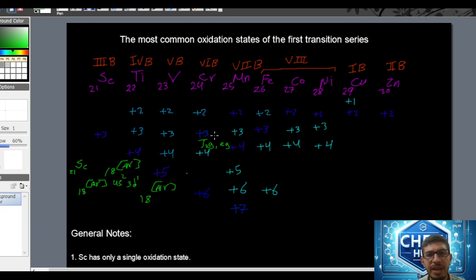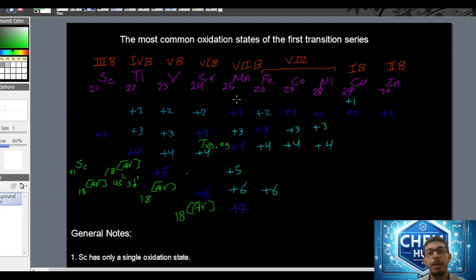And if you want me to make a video about it, please let me know in the comments. Okay, and we move into the 6 positive oxidation state of chromium. Why is it stable? Because it's similar to the argon 18 electronic configuration.